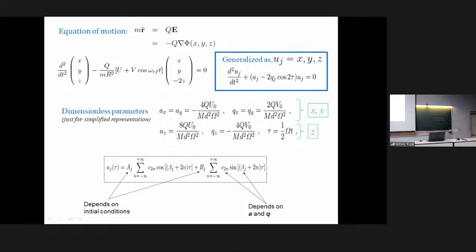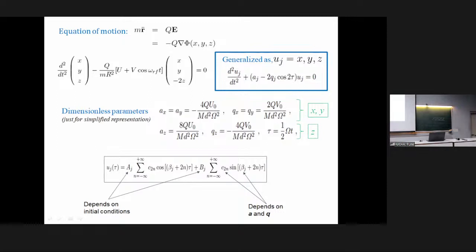Okay, and then due to these three directions, x, y, z, you are just writing it in matrix form. Now one can write this x, y, z in a simplified version in terms of u, where u means x, y, z, and then the rest of these things, where one part depends on the DC part and the other part depends on the AC part, one can write in terms of two dimensionless parameters A and Q, with subscripts just like x, y, z basically.